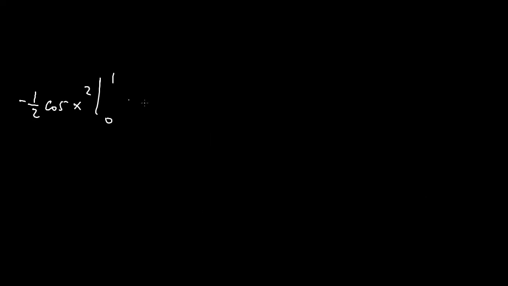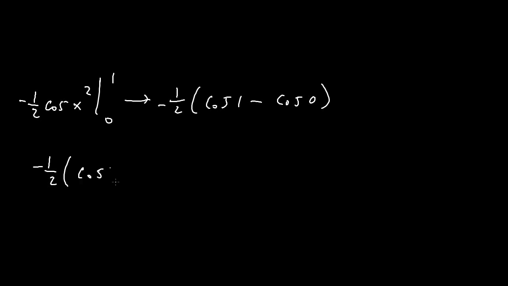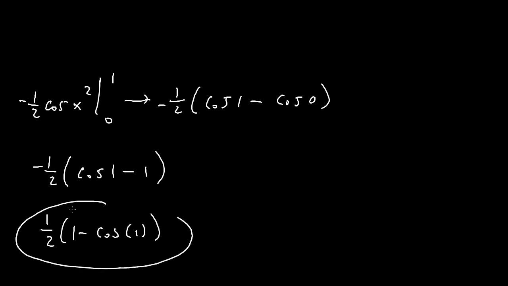So when I plug in 1 for x, we'll get negative 1/2 times cosine of 1 squared, which is 1, minus, when I plug in 0, cosine of 0 squared, cosine of 0. So we get negative 1/2 times cosine of 1, which I can't really simplify, minus cosine of 0, which is equal to 1. And so if I distribute that negative, we'll just get 1/2 times 1 minus cosine of 1. That's going to be the final answer.